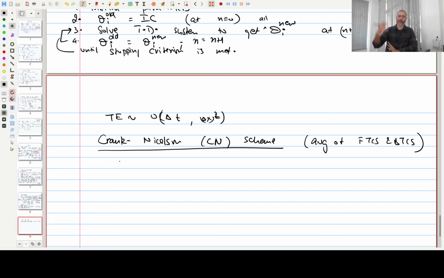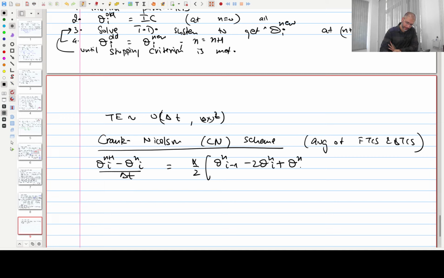So if you remember the forms that we had, so this is the explicit scheme, and this is the implicit or the backward time center space scheme.